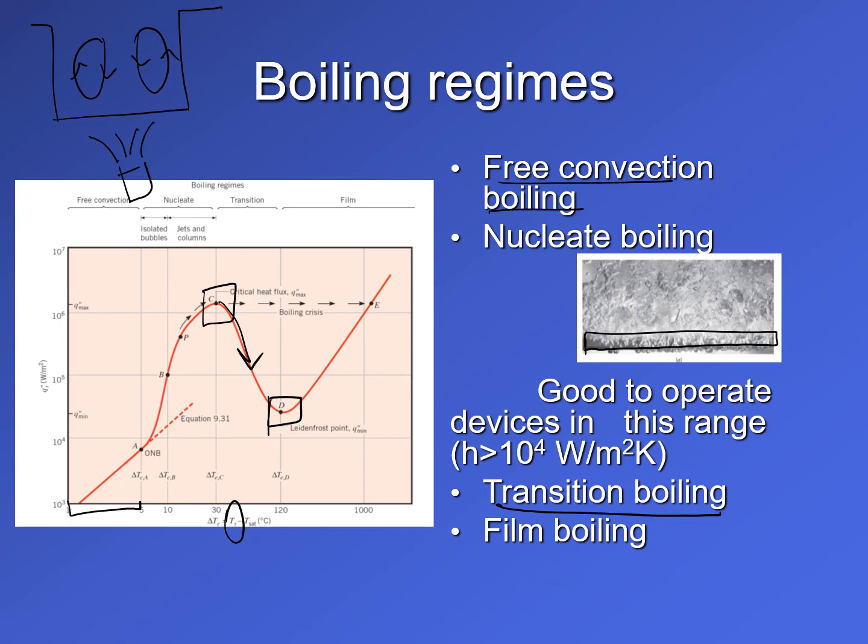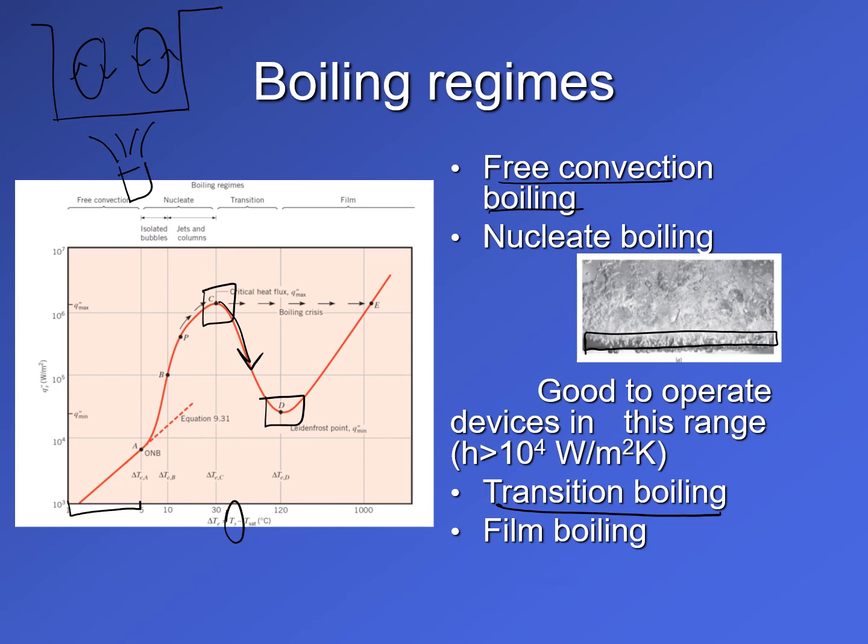And we reach a point D where the surface heat flux is minimum, and beyond point D, although the vapor still is there and it is still resisting the convection heat flow, radiation starts to dominate.